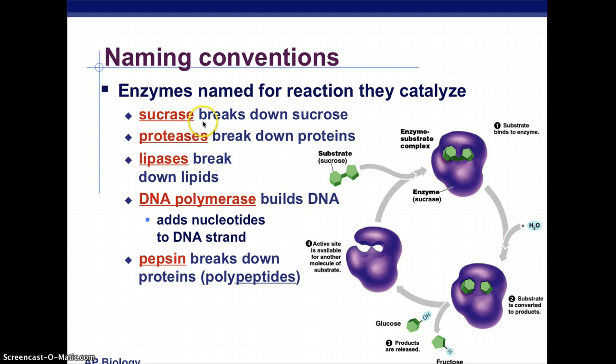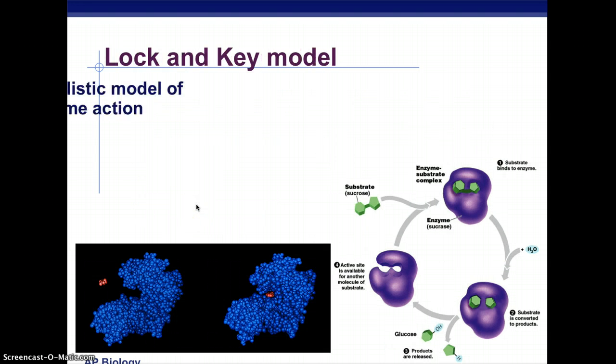So sucrase is an enzyme that breaks up sucrose. Protease is an enzyme that breaks up protein. DNA polymerase. So you can actually see the word polymer right there, polymerase. This is going to be an enzyme that builds a polymer of DNA.